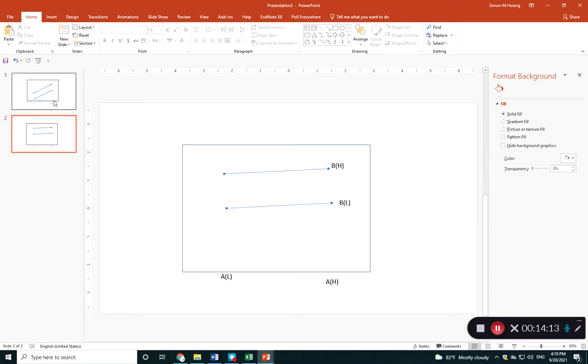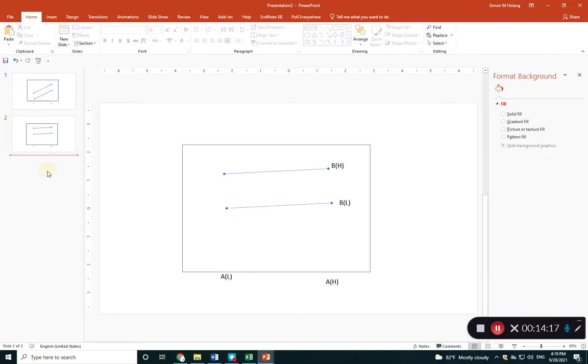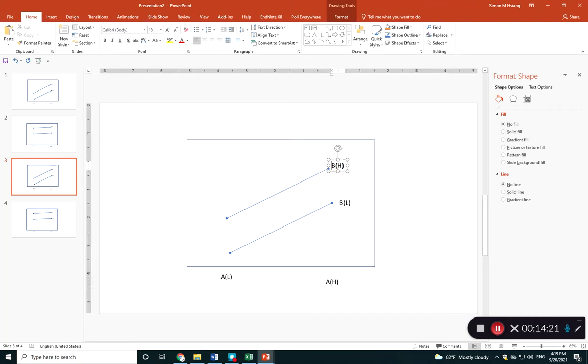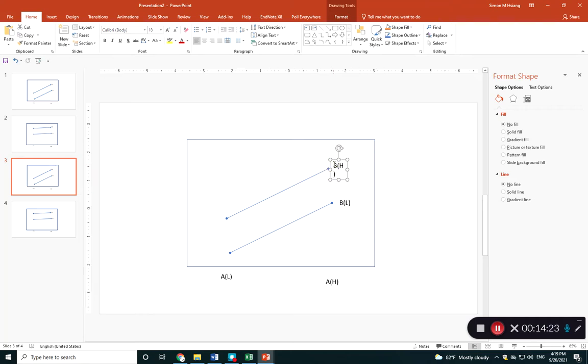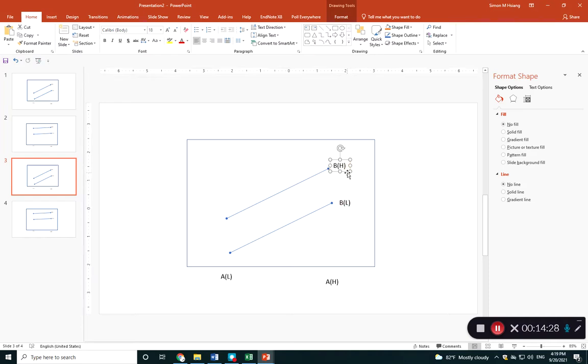So in reality, I can duplicate the plot and, rather than plotting this, plot the other way around. What I'm saying is I can make this A, this B, and still talk about the same story. Okay?